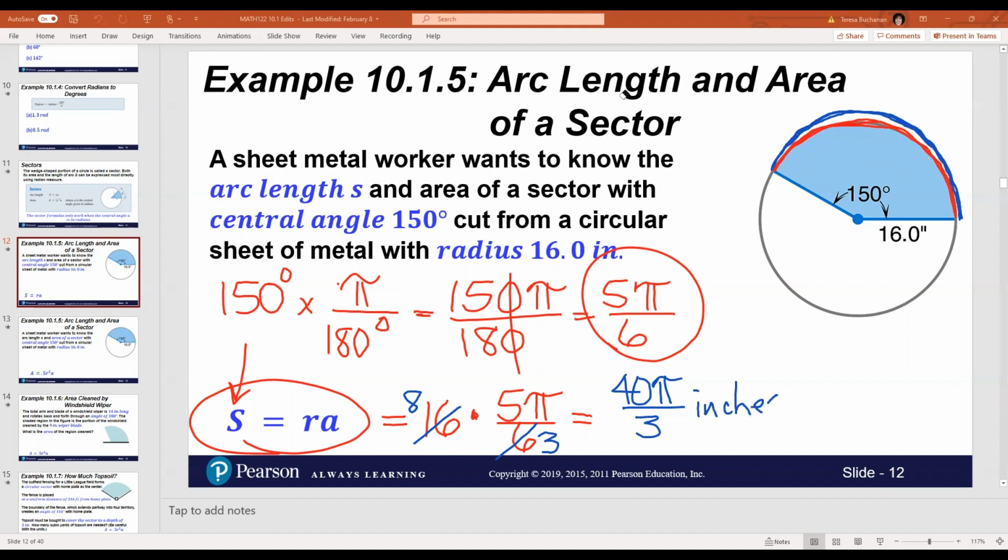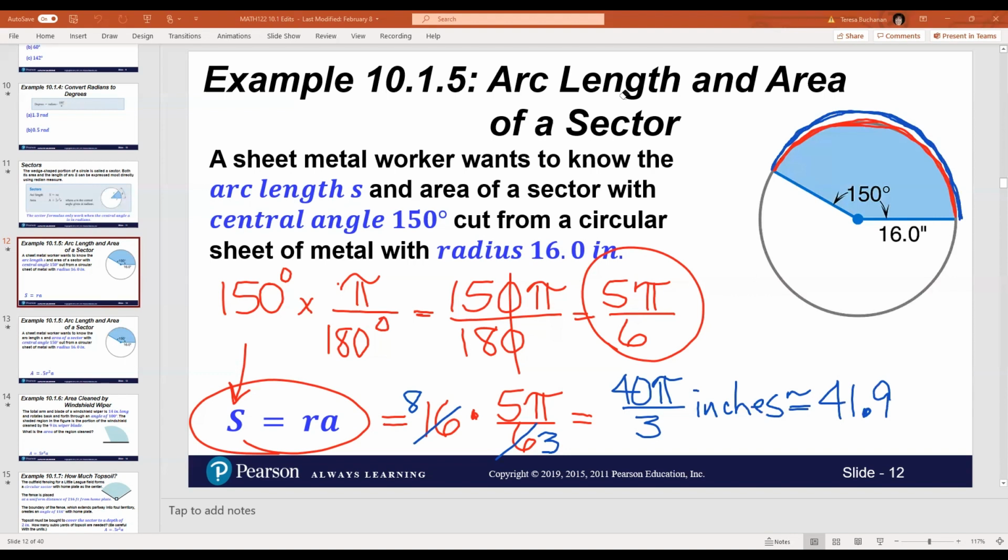Whether or not from here you convert that to some approximation depends on the context and on your directions. So be careful as you're working out problems in MATLAB and eventually on the exam. Make sure that you're paying careful attention to directions. The approximation for this in your calculators, just if you want to check it and see what it looks like, is close to 42 inches.